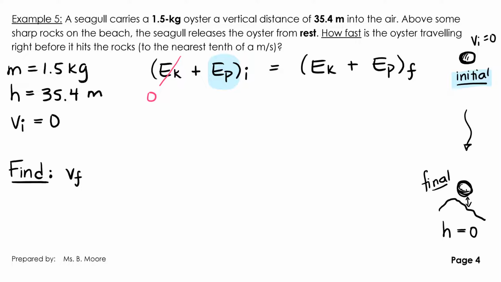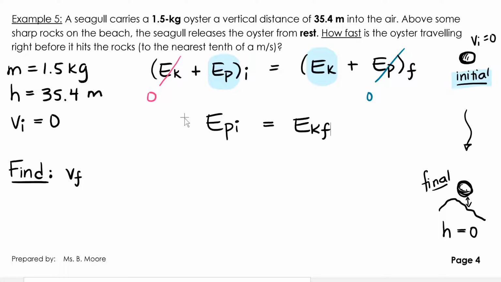At the end of the oyster's fall, it has no gravitational potential energy anymore because it's about to hit the ground. So E_P final is zero. The oyster, however, is going very quickly, so it does have kinetic energy right before it hits the ground. Our modified formula for this problem will therefore be initial potential energy equals final kinetic energy.